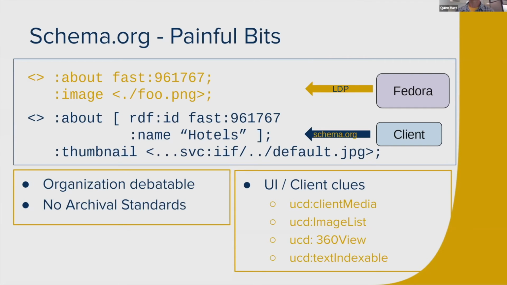So we end up putting in what we call clues, which are additional predicates that we've defined that help our HTML application understand in more detail what the underlying objects are and how they're represented. So this is where you might say you have a list of images, but they have to be ordered in a certain way because they correspond to pages. Or if you're looking at an image that should be considered a 360 view, or a video, or text that should be used for indexing the photos, and things like that.